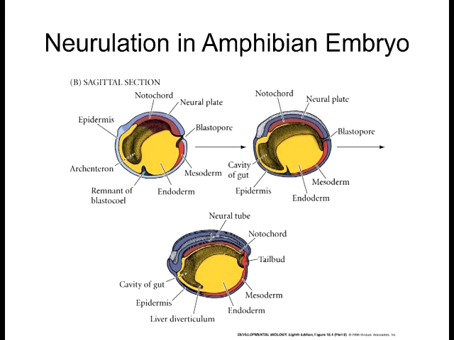So the same process occurs in each one of these organisms, just slightly different as far as whether it's surrounding an entire yolk or whether it's the zebrafish that is undergoing its initial movements. But the same process of primary neurulation occurs in Xenopus and in fish and in humans and in chickens and whatnot.